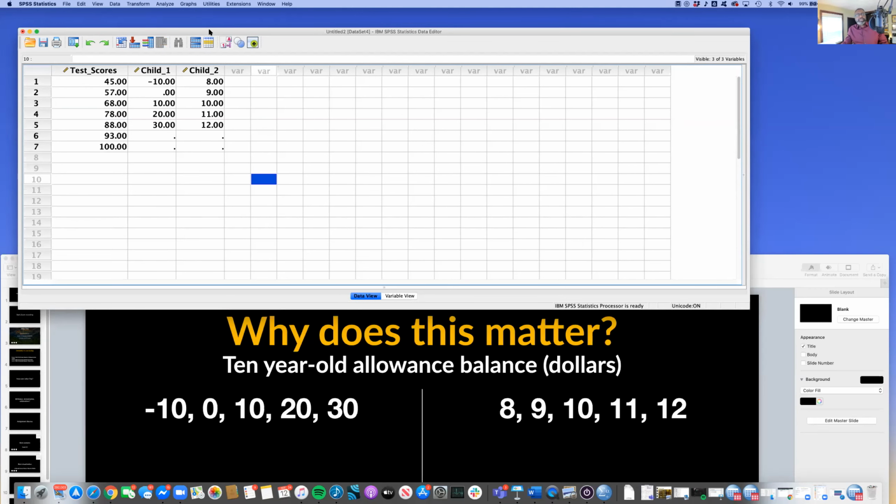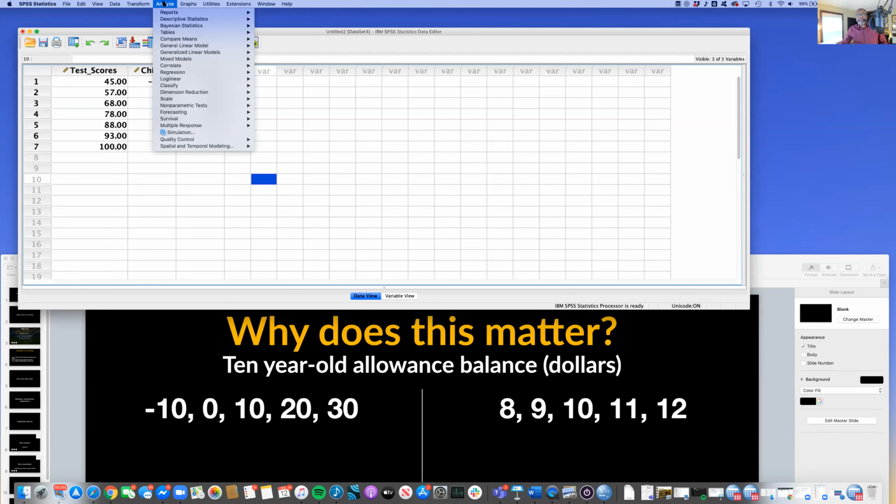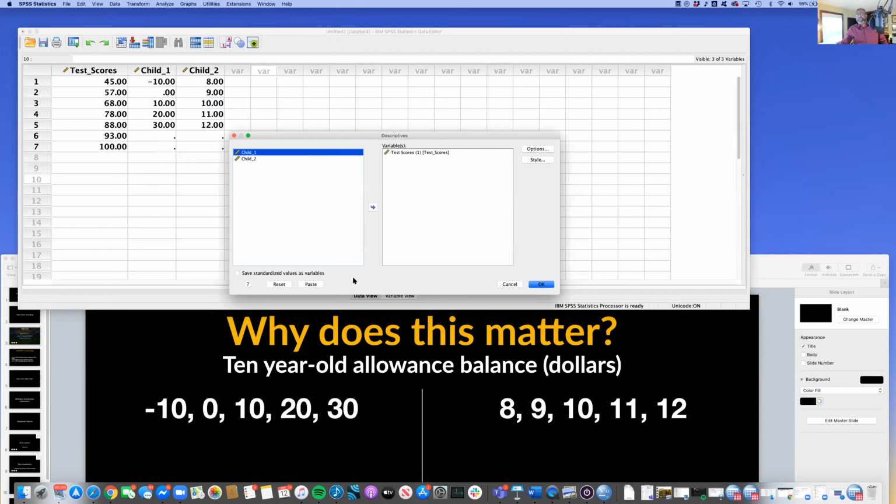Everyone let me know once you get to this point. I'm good. Okay. Everybody good? All right. So we're going to go to analyze, descriptive statistics, descriptives. I'm going to show you a quick trick here.